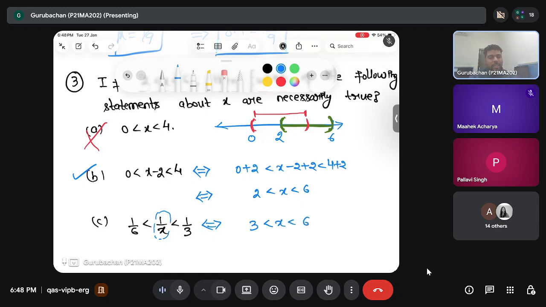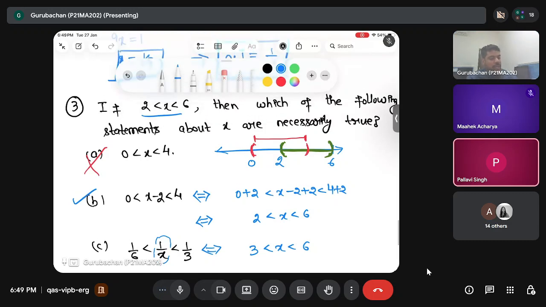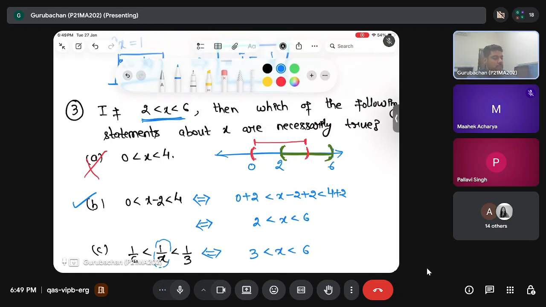Anybody has any doubt in this inequality? Good enough. Here it is the collection of 2 to 6, and here it is the collection of 3 to 6. Is it causing any disruption between the two statements? No, it should still be true.